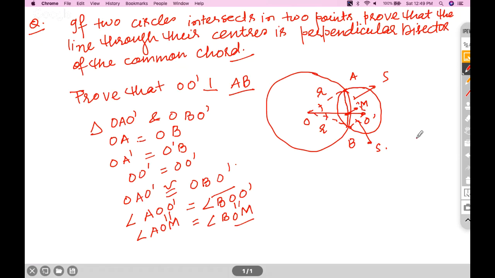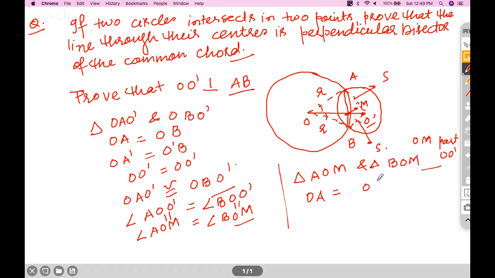So OM is part of OO dash, so this O dash can be replaced with M. Now let's take triangle AOM and triangle BOM. I know that OA is equal to OB. I have just proved that angle AOM is equal to angle BOM, and I know that OM is equal to OM.